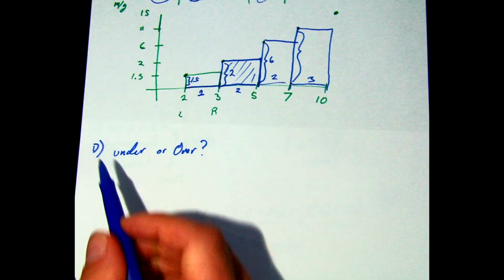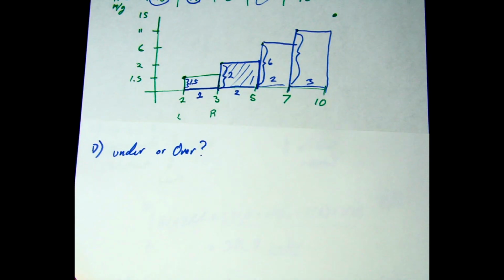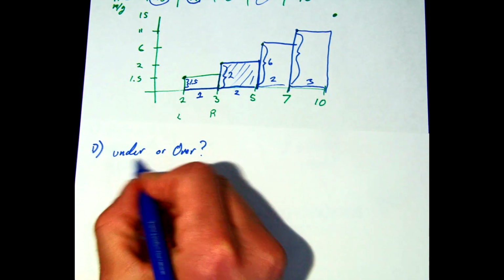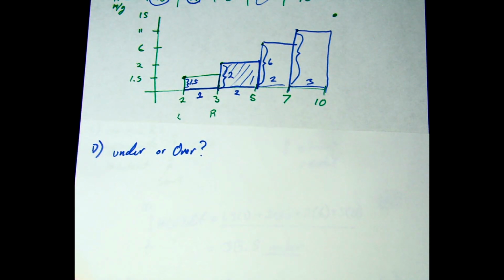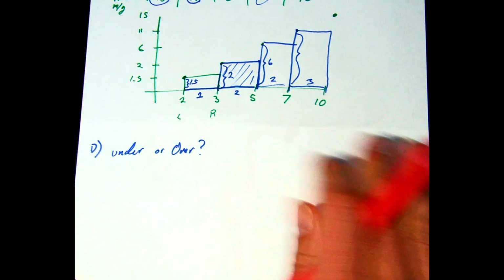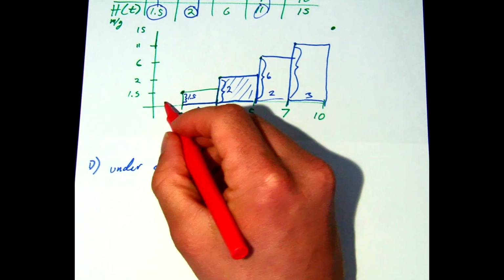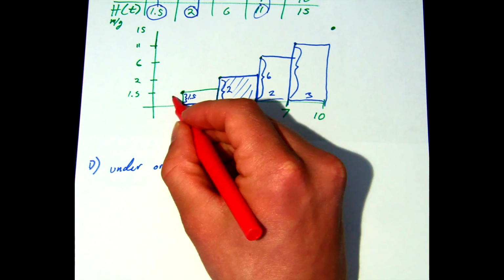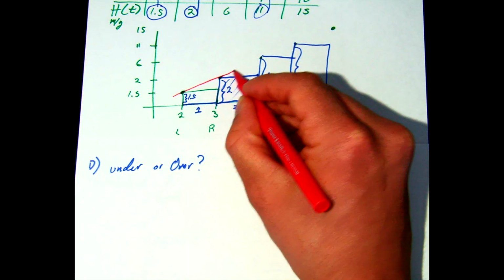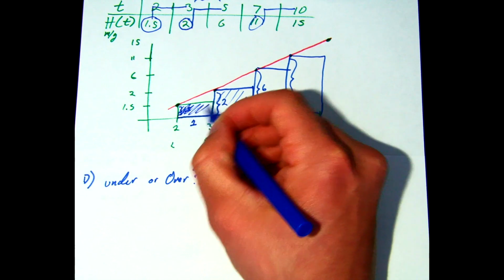All right, now let's talk about part D. Part D is asking if my answer in part C is an under or over estimate. Okay? Under or over estimate. And I'm going to go back to the quick drawing I made over here. I can see, all I know about my function is it goes through these points. All right? And you can see that we found the area of this part.